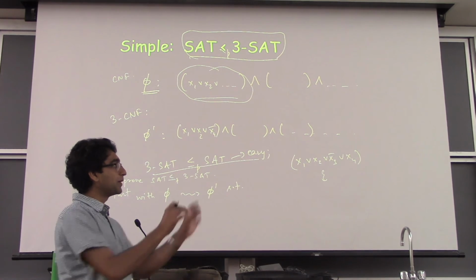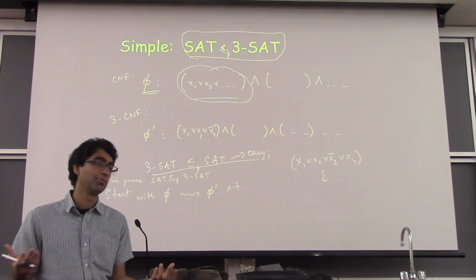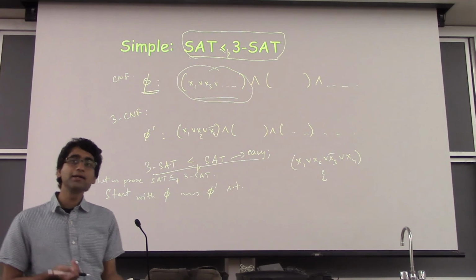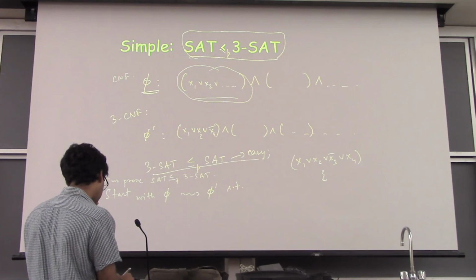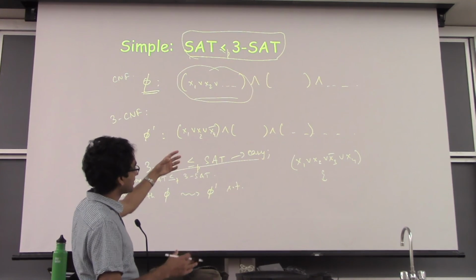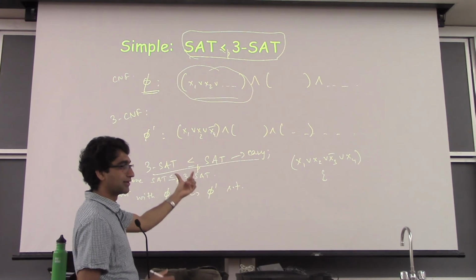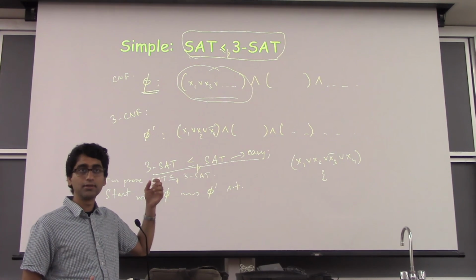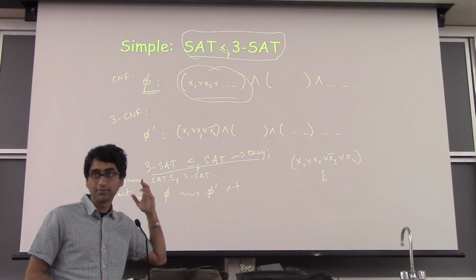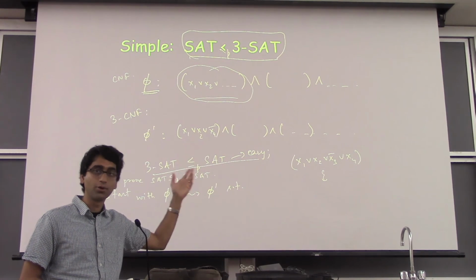You want to split this, so you want to come up with a 3SAT formula. Ideally you might say, maybe I'll try to split this, but then the satisfiability changes. If you just break things apart, this could be satisfiable and the new thing might not.